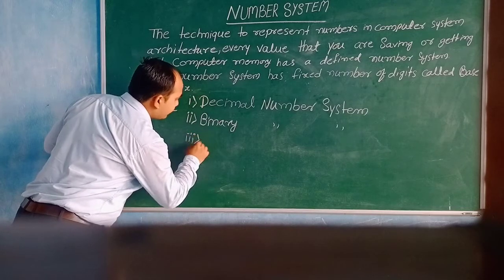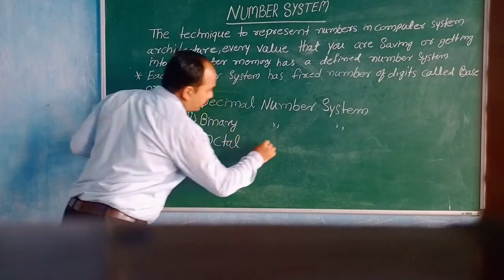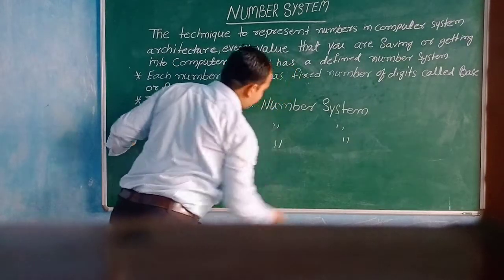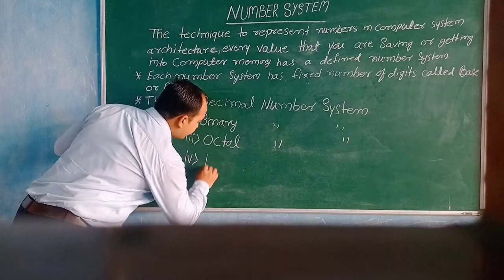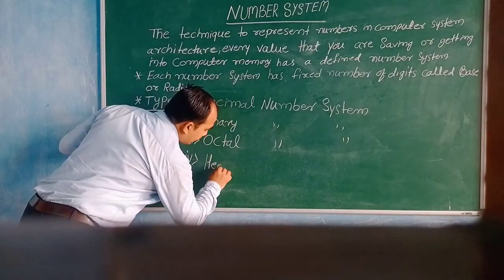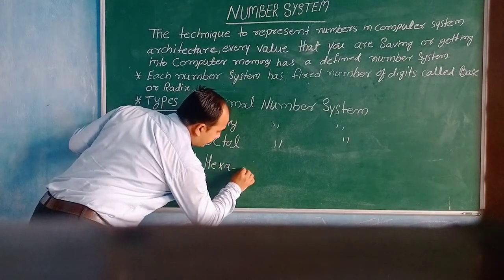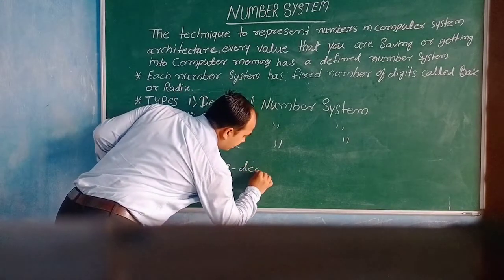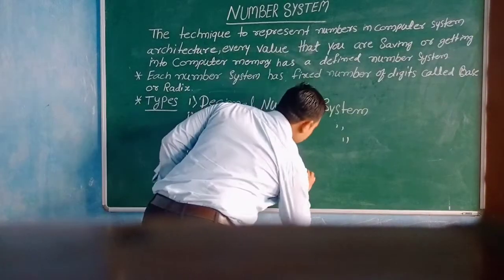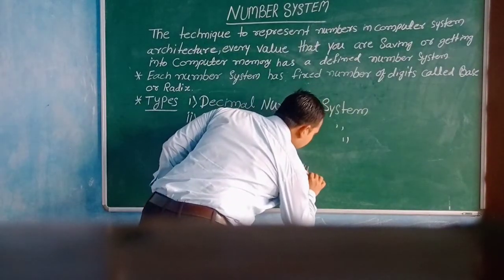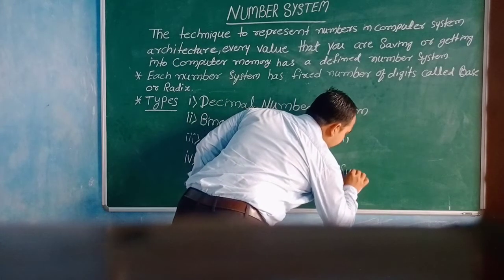Third type's name, octal number system, and the last, fourth type's name is hexadecimal number system.